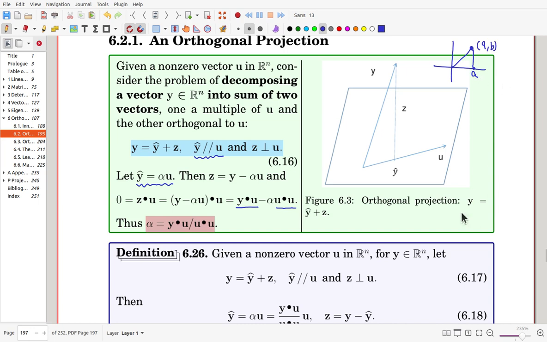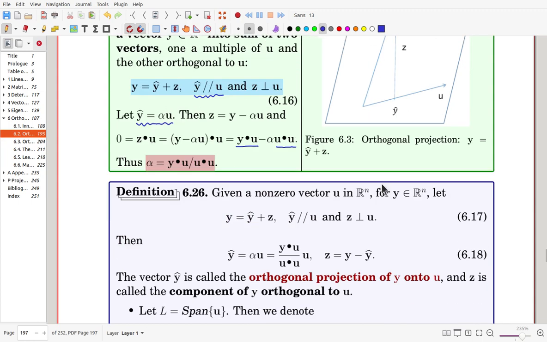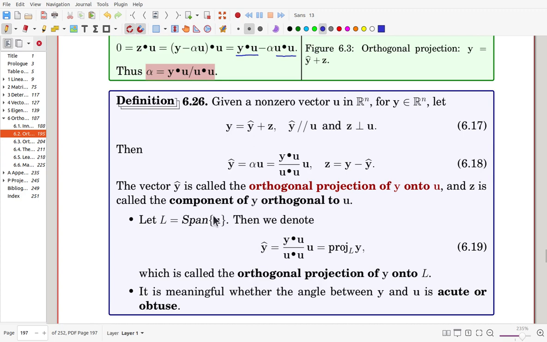Exactly the same way, here projection in general direction u, projection is basically the u directional component of y. So that's exactly here projection y hat. And remaining part is orthogonal part here. Okay, so we say y hat is the orthogonal projection of y onto u, and z is the component of y orthogonal to u, simply the orthogonal component.